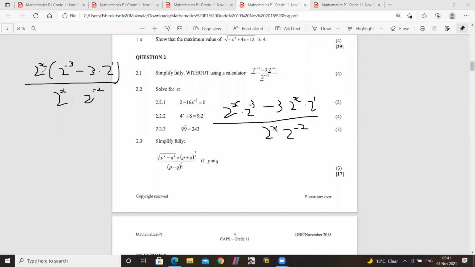Okay, so do you see now that we took out a common factor, 2 to the power of x, then open bracket this? Do you see now we've created one term? Because this negative is within a bracket. As long as a negative is within a bracket, this whole thing here is one term.